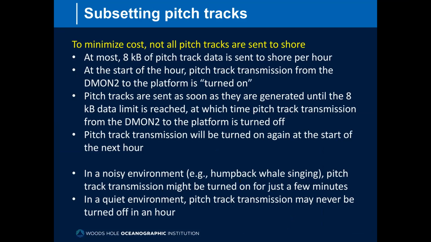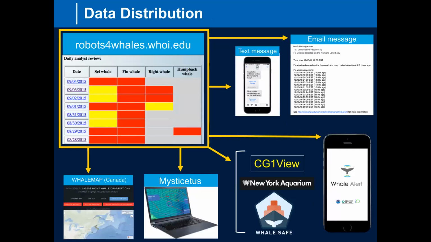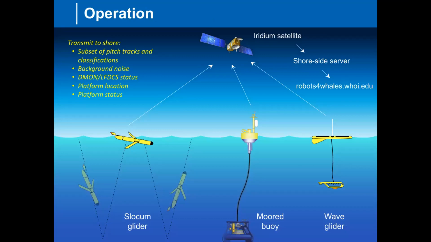Okay, so that's an overview of how the system works. I want to just discuss for a second a peculiarity about what data gets sent and why. You notice that this says a subset of pitch tracks and classifications.